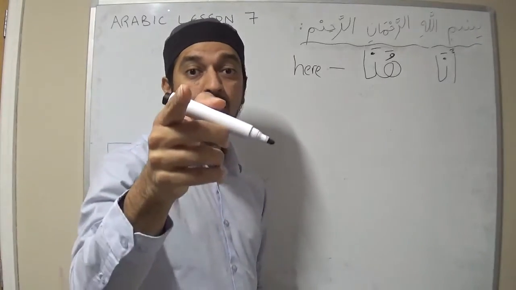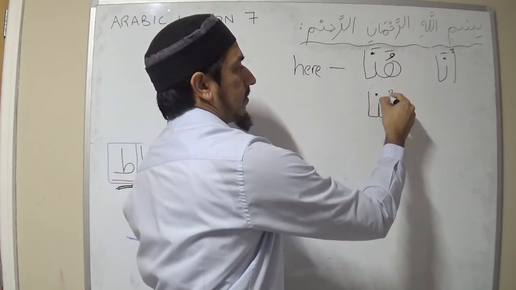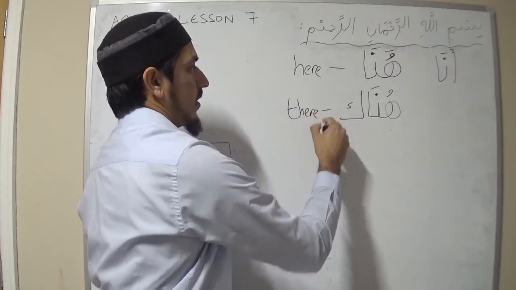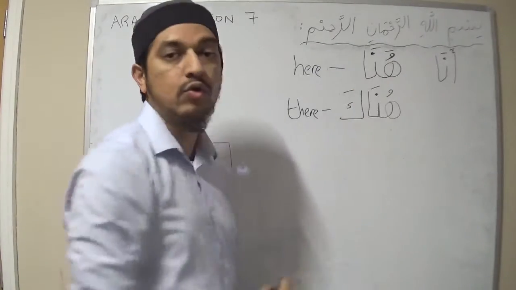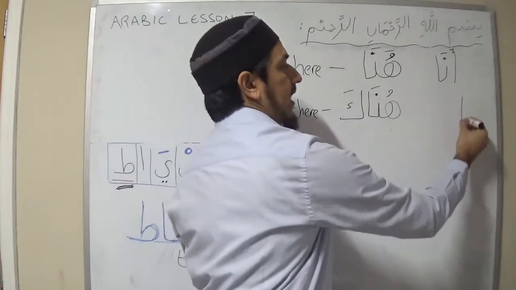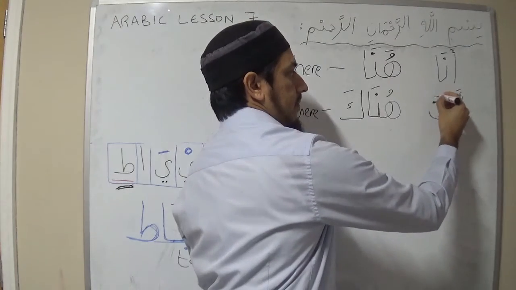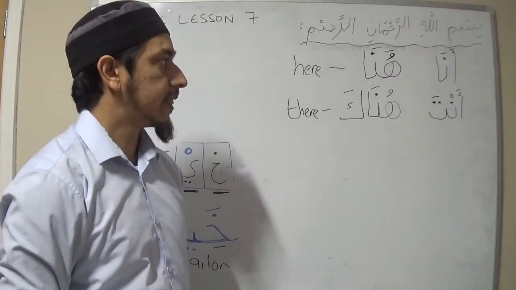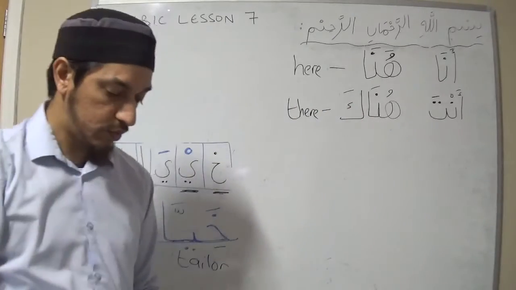Wa anti هناك. And هناك is there. هنا, هناك. You say anta or anti, depends who you're referring to. So that's huna and hunak, the new words.